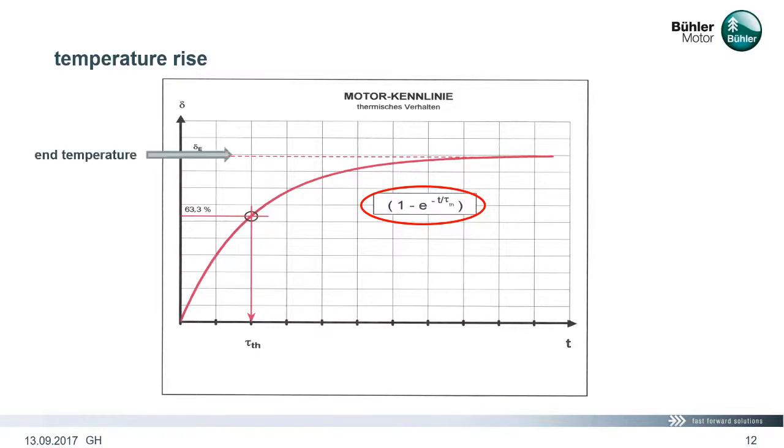The end temperature is the maximum temperature the motor reaches theoretically after infinite time. Practically, the end temperature is reached after 5 times the thermal time constant tau TH. Per definition, at 63.2% of the end temperature, we find the thermal time constant in the graph.